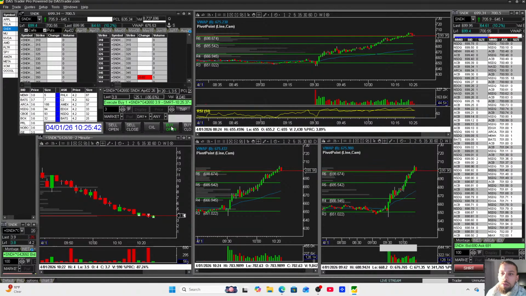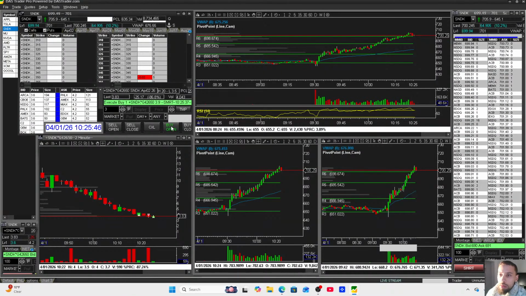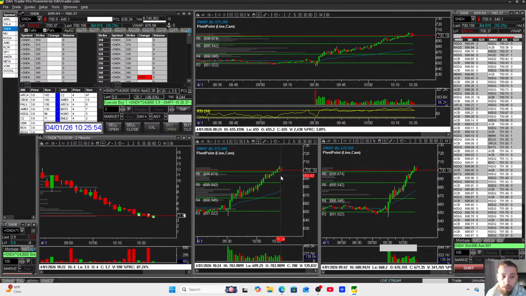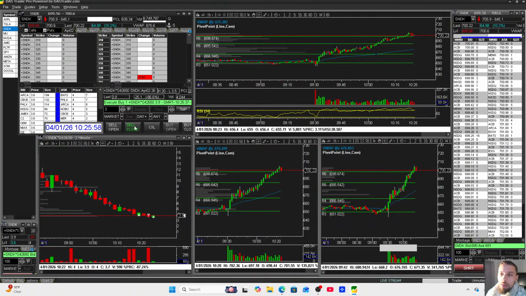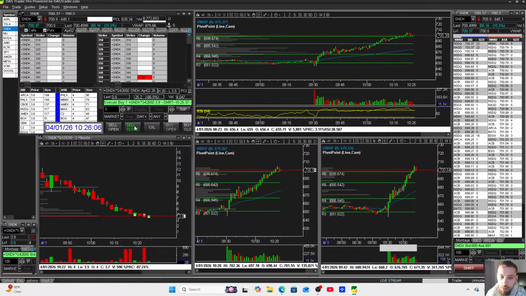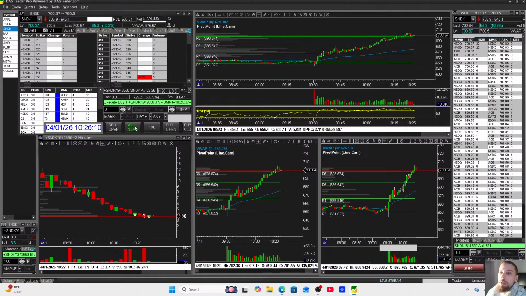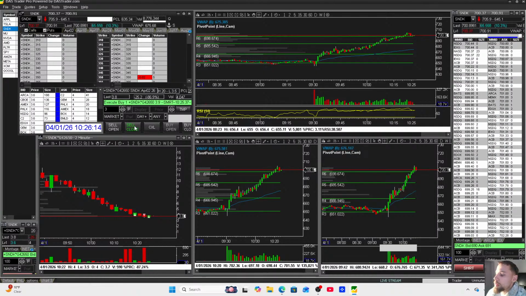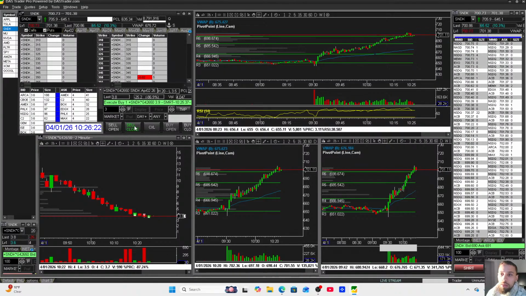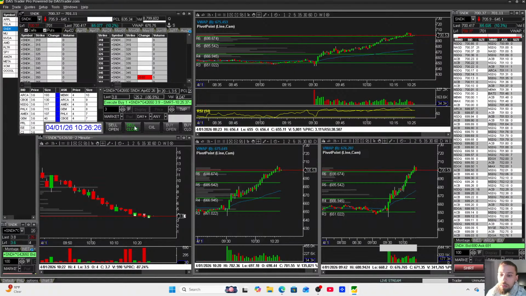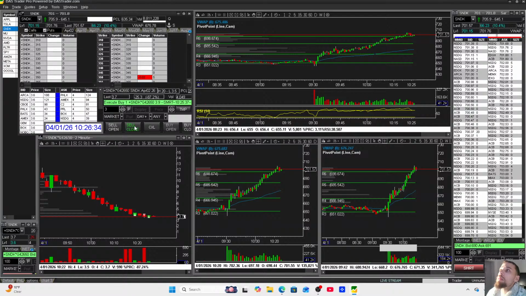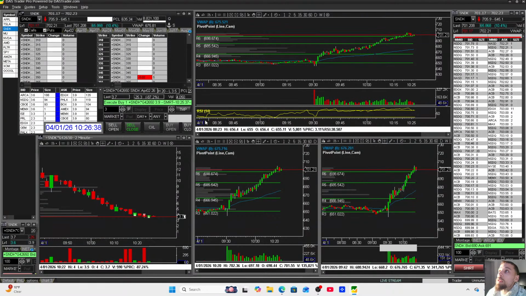I'm short again on it. So reduce the share size a little bit. There's a lot more orders to the downside now on level 2.